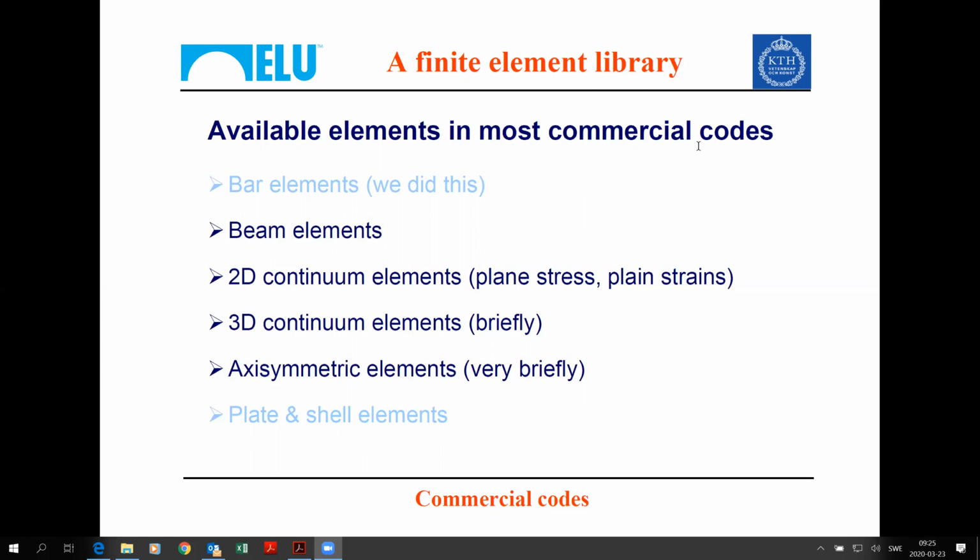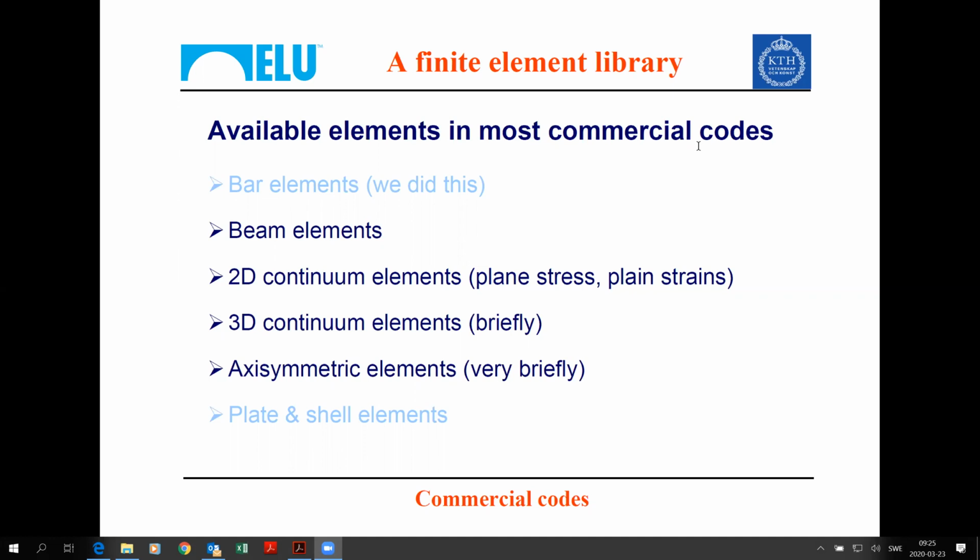account for shear deformations. Having done with the beam elements, we will continue with two-dimensional continuum elements. These are surface elements. So here we will need to look at interpolation in two directions, in x direction, then in y direction.